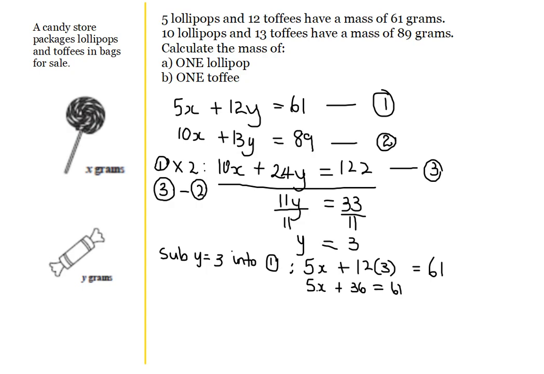And now to solve for x, I'm going to subtract 36 from both sides. So when we subtract 36 from both sides, I remain with 5x on the left, and 61 take away 36 would leave me with 25.